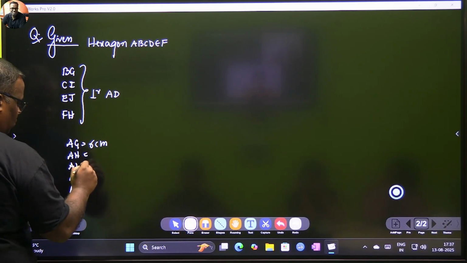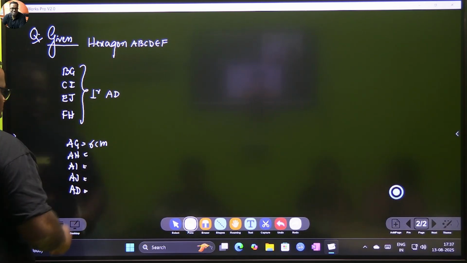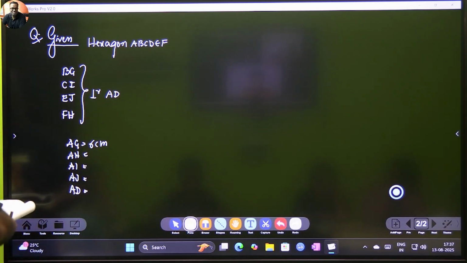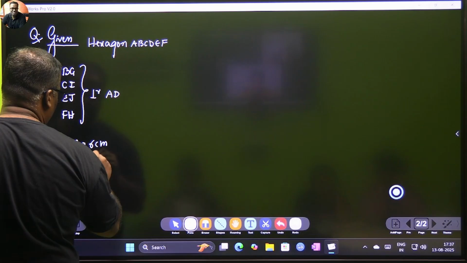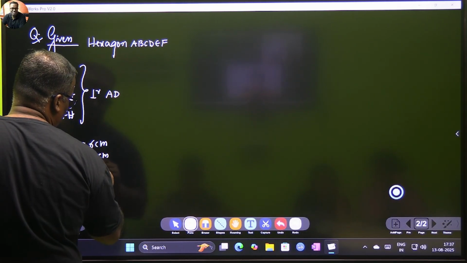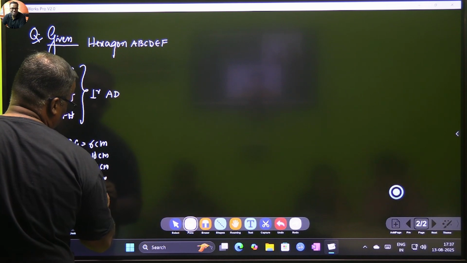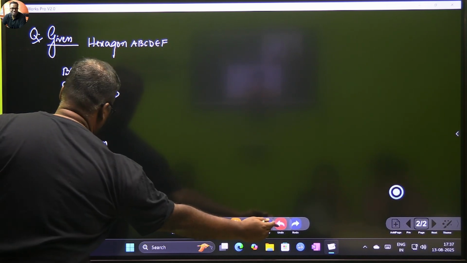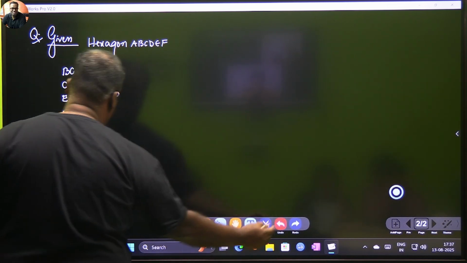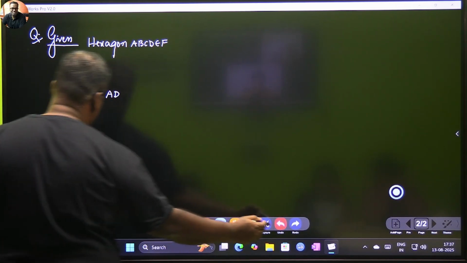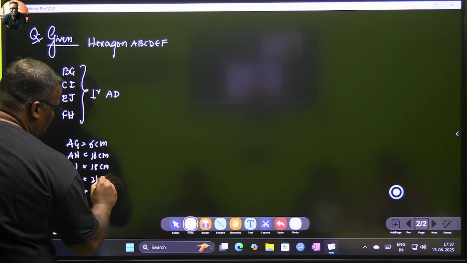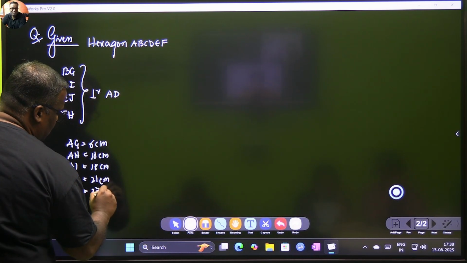Can you narrate to me what these are? Okay, AH is how much? 10 centimeter, 18 centimeter, 21 centimeter, 27 centimeter.